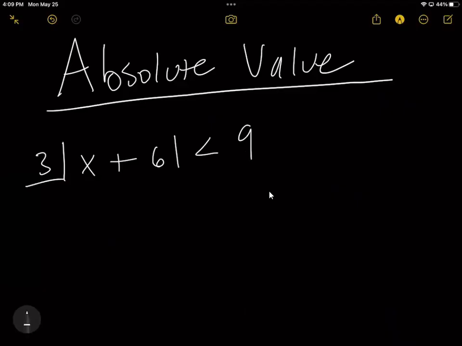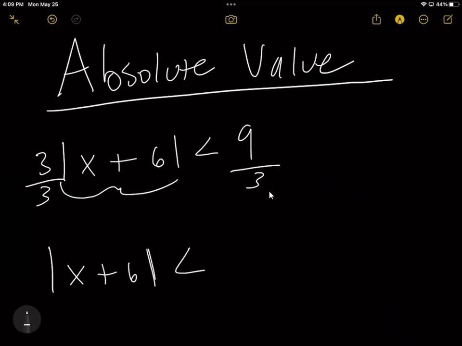So the first thing that we do is isolate our absolute value expression like it's a variable, so it's by itself. We need to divide by 3. Then our x plus 6 inside the absolute value symbols is the only thing we're dealing with.